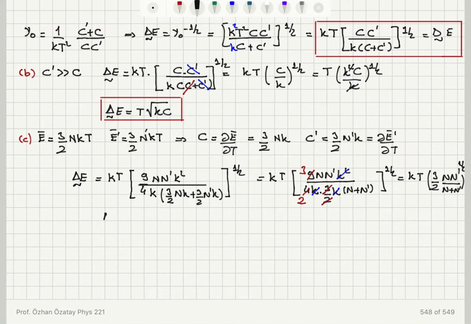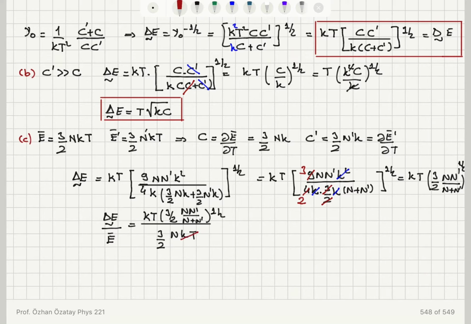Now the relative magnitude of fluctuations, delta E tilde divided by E bar, would be equal to kT times 3 over 2 N prime divided by N plus N prime to the power 1/2. And then here I have 3 over 2 capital NkT, that's the mean energy.